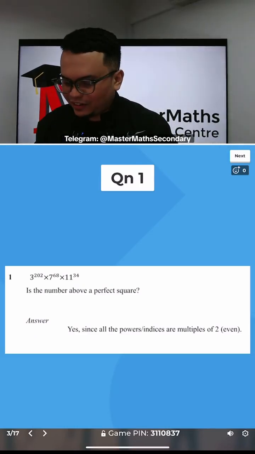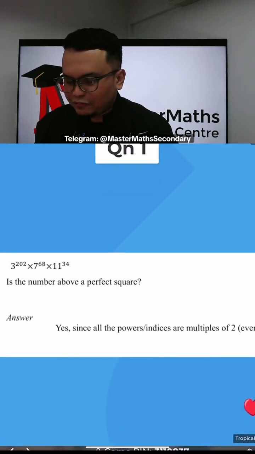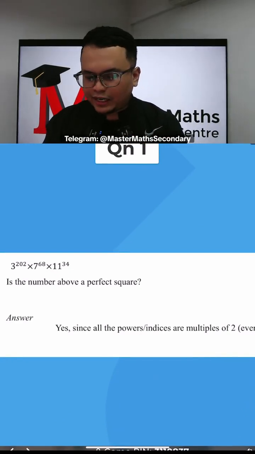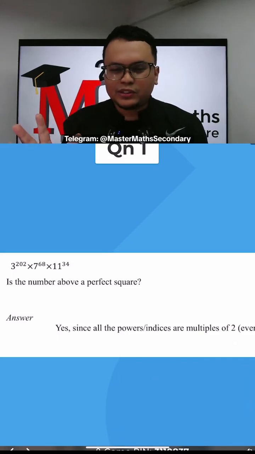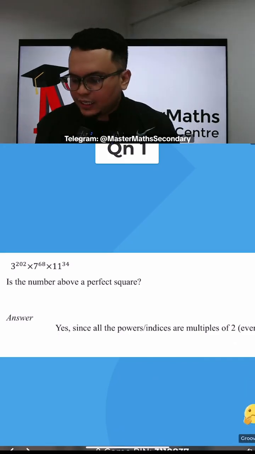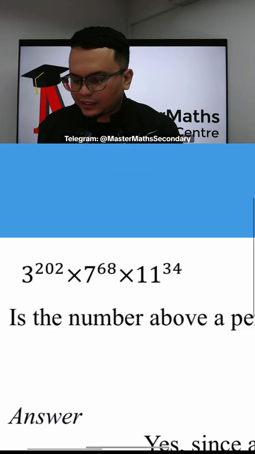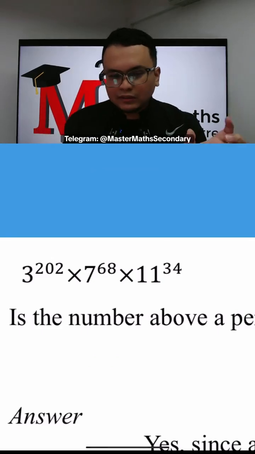Let's take a look at this, let's see whether this is a perfect square or not. For a number to be a perfect square, you don't have to actually punch it into the calculator. I purposely made this number very big so that you cannot get your calculator to help you out. What you can do here is just look at the powers. Notice that for this number, the powers are all multiples of 2.